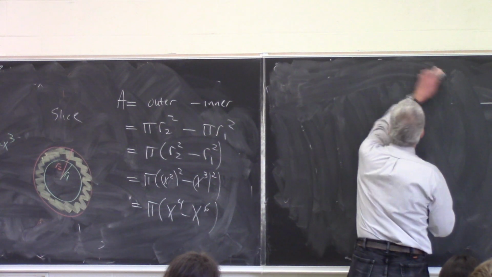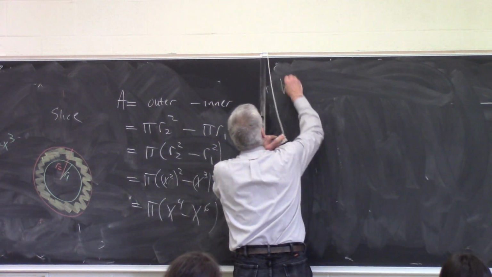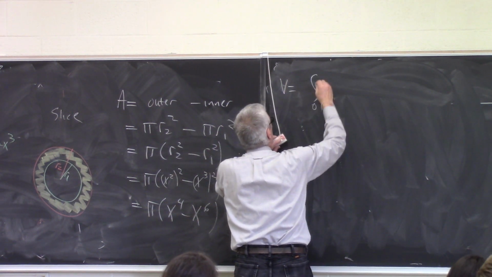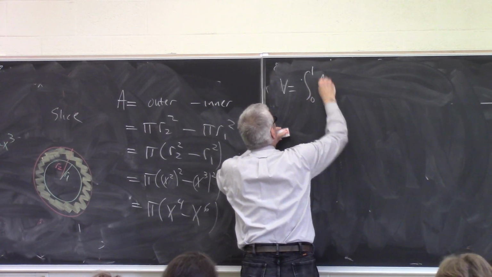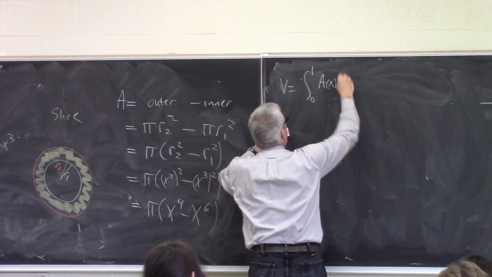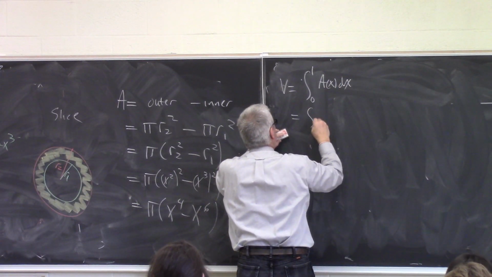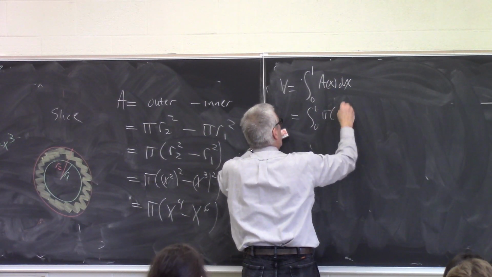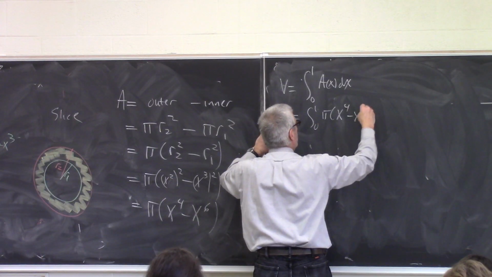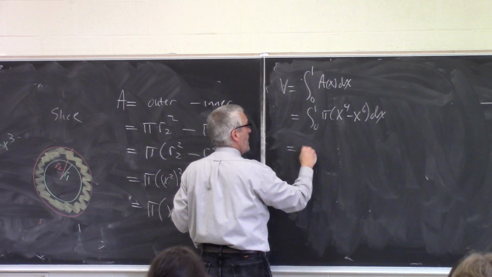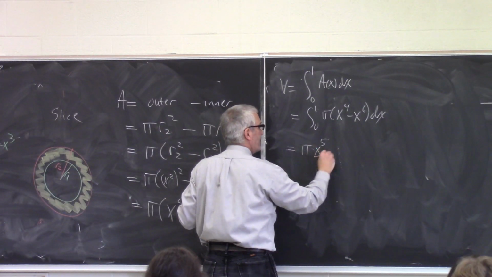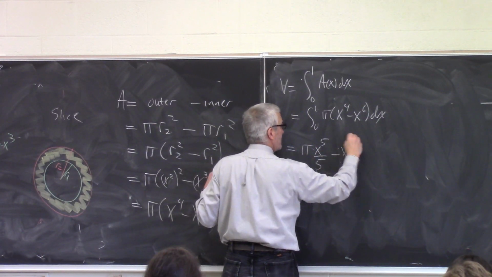So our volume is going to be the integral from 0 to 1 of the area of the slice. So the integral from 0 to 1 of pi times x to the fourth minus x to the sixth. So that integral is going to be pi times x to the fifth over 5 minus x to the seventh over 7.